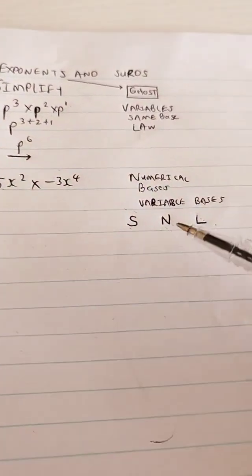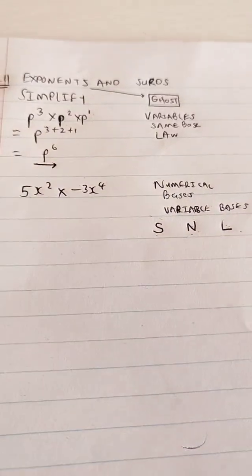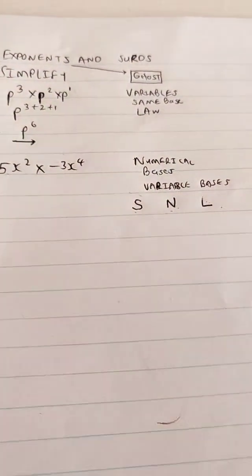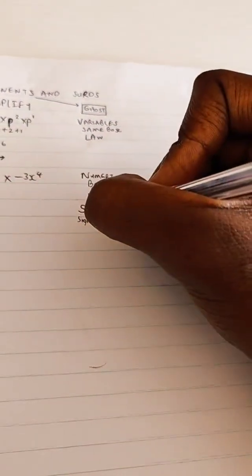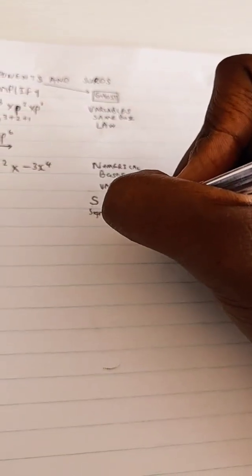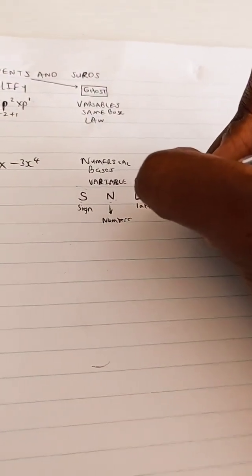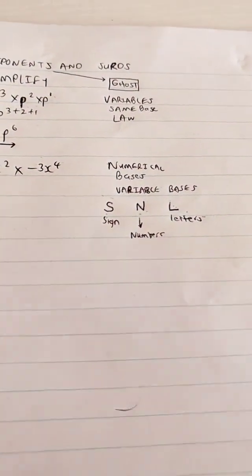So what we rather want to do is we want to focus on exponents, and whenever we're multiplying exponents or dividing exponents, we want to always remember that we multiply the sign first, we multiply the numbers next, and then we multiply the variables or the letters next. Make sense?